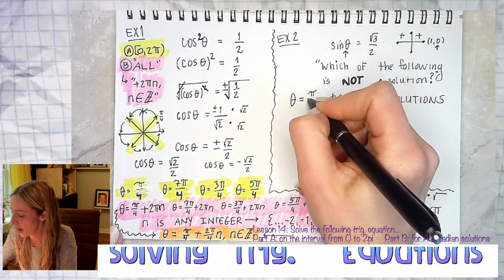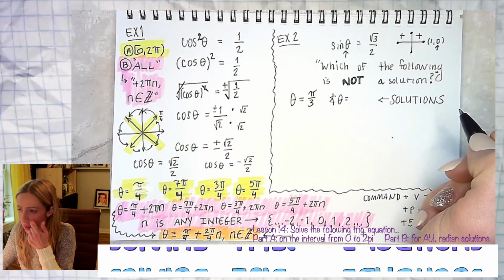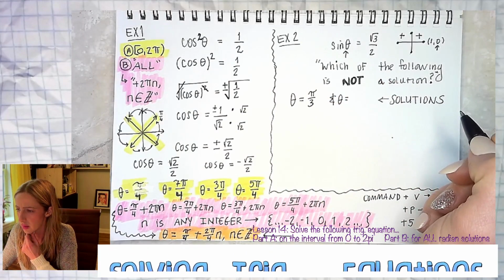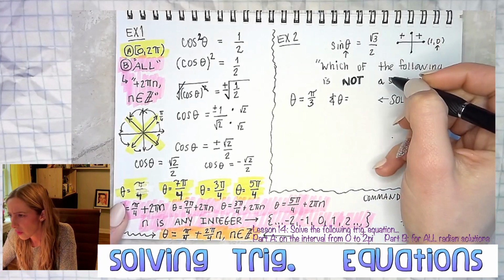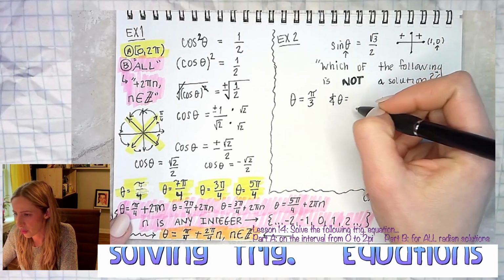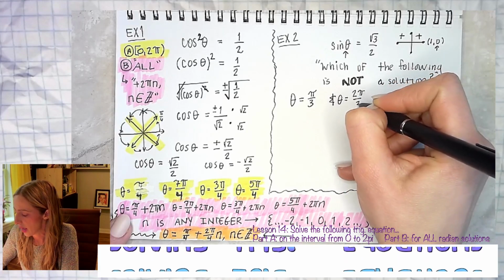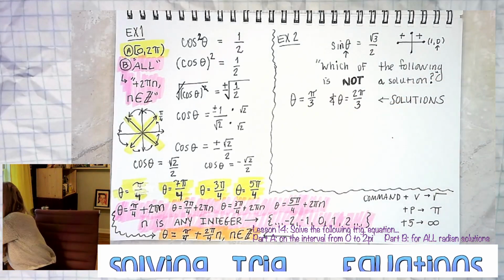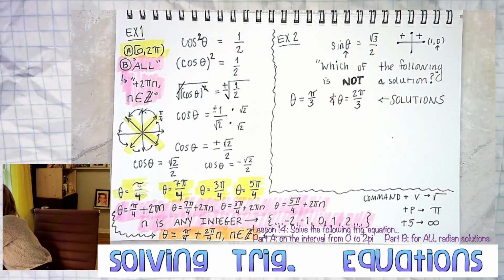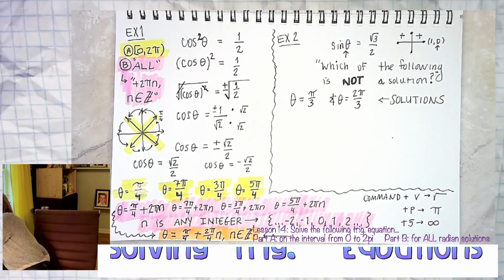Thank you, Adara. Pi/3. I think Jonah froze for a second. Pi/3 and 2 pi/3. So Adara gave us those. If you look at your unit circle, and I don't know if I have one of mine handy at the moment on the side.